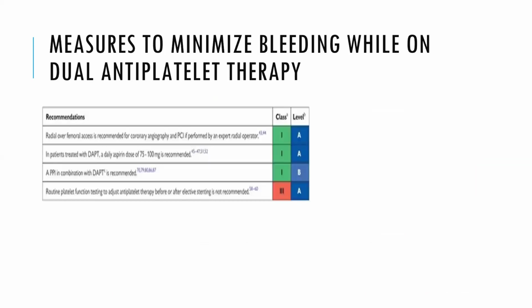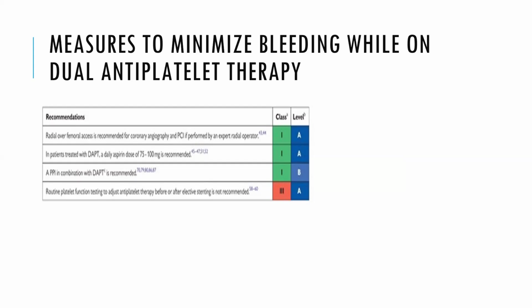Now, another thing I also need to note is that there are recommendations for how to prevent bleeding while a patient is on dual antiplatelets. One of the recommendations is that radial access is preferred over femoral, because it has been found that it reduces bleeding in patients on dual antiplatelets. Also, the dose of the antiplatelet that we use should be reduced.